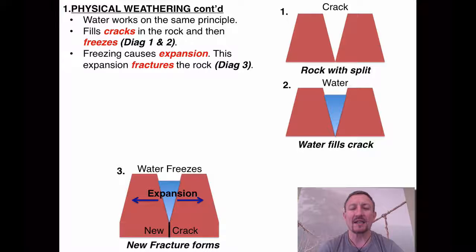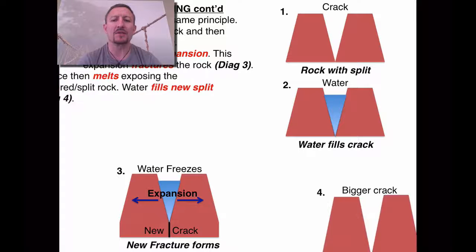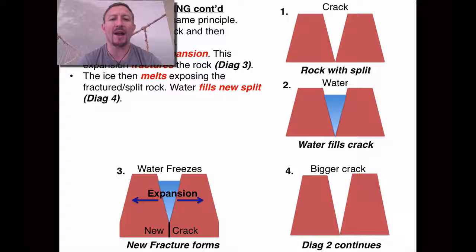When the day starts again, the water melts and disappears, but the rock is now left with a new crack. This crack may be minute, but think about this process happening again and again over millions of years. The result is a bigger crack, which fills up with water, expands, makes a little bit more of a crack, and so forth.